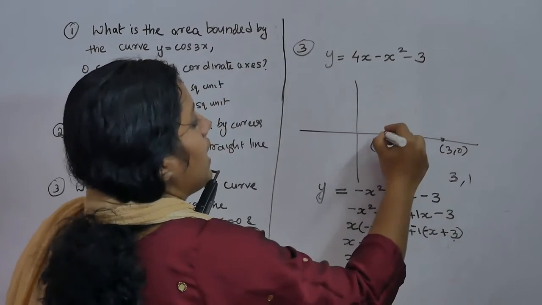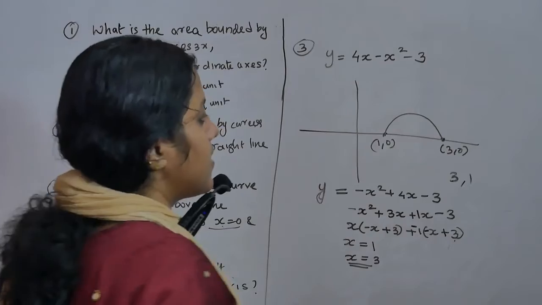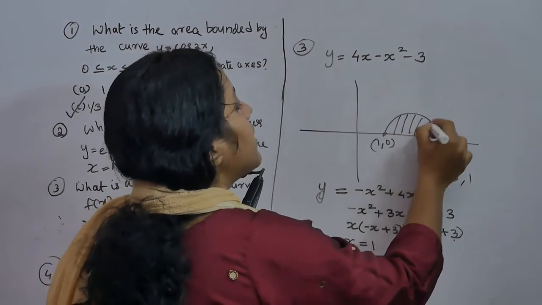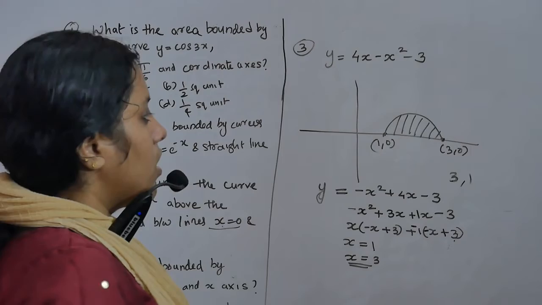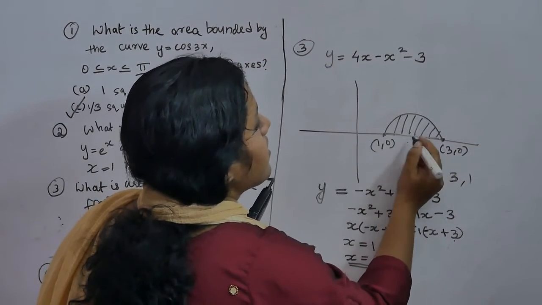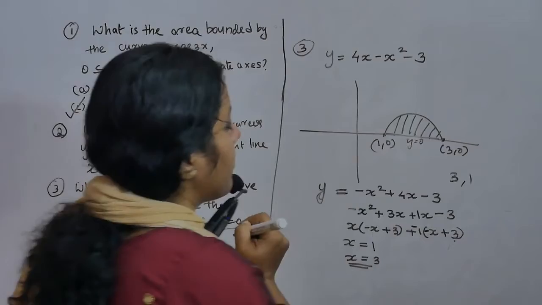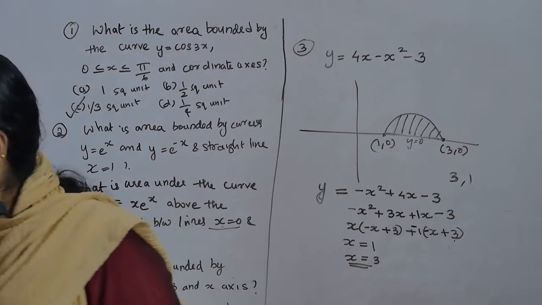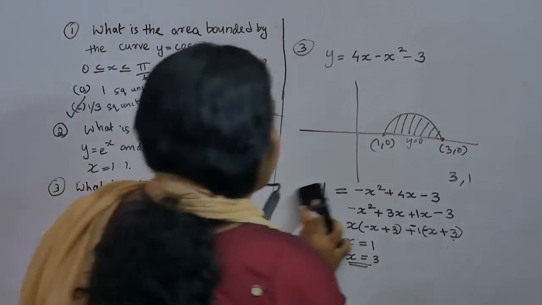So my curve lies somewhere like this. That's not important; we need the limits. The x-axis is this one, y equal to 0. Now after finding the limits, it's just integration.